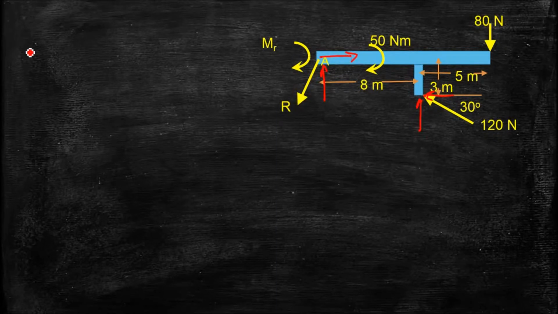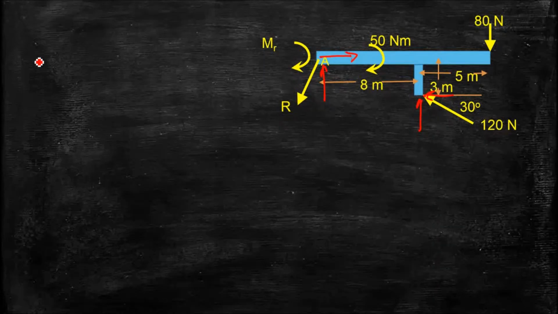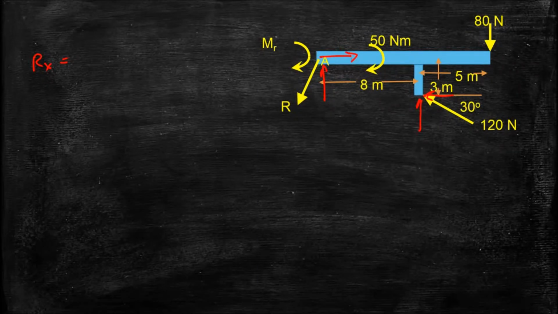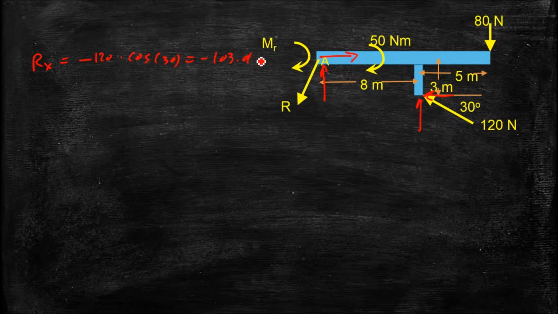My resultant force in the X direction, R sub X, is going to be equal to the sum of the forces in the X direction, all the externally applied forces, and that's just simply equal to negative, because it's pointing to the left, negative 120 times the cosine of 30, and that gives us negative 103.9 newtons.